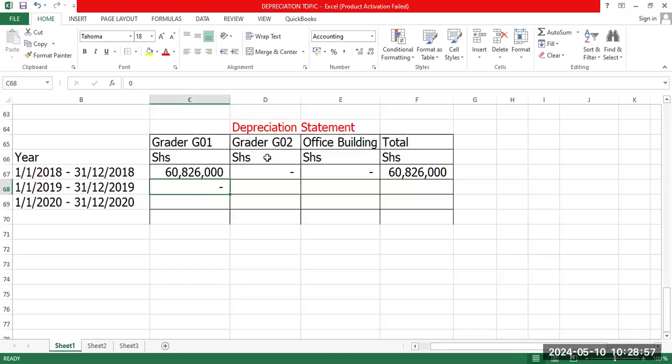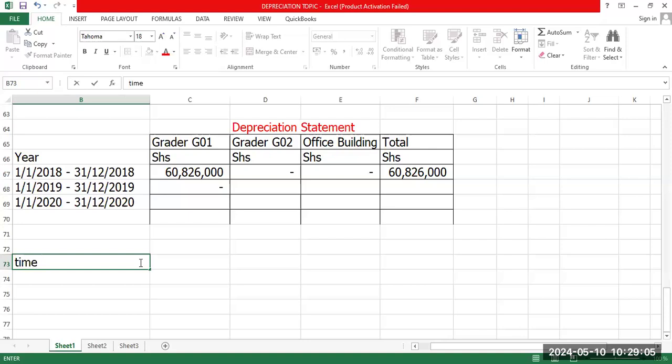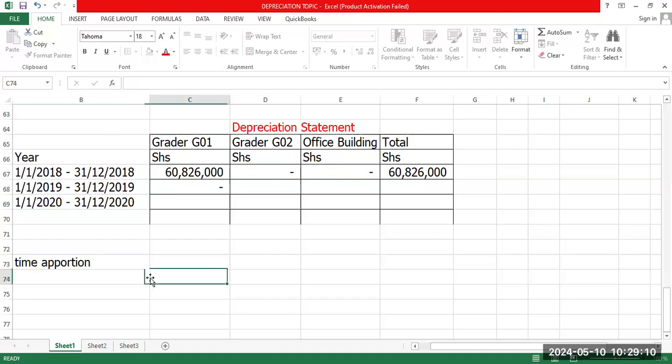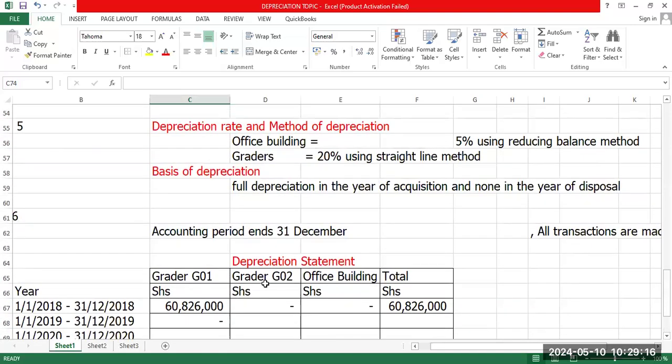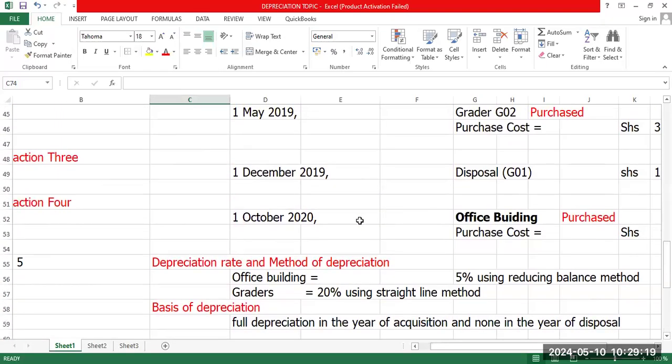Now, what if we were using time apportionment? How would you get the depreciation here? With time apportionment, we consider the days you actually use the asset in that year of income. If you sold your asset on 1st December, then count from 1st January up to 30th November.